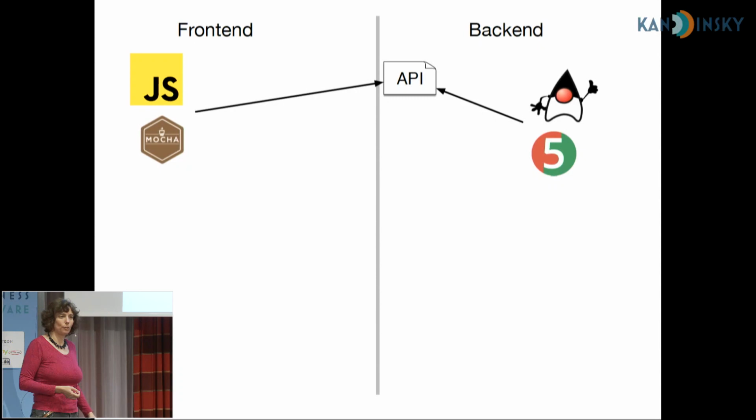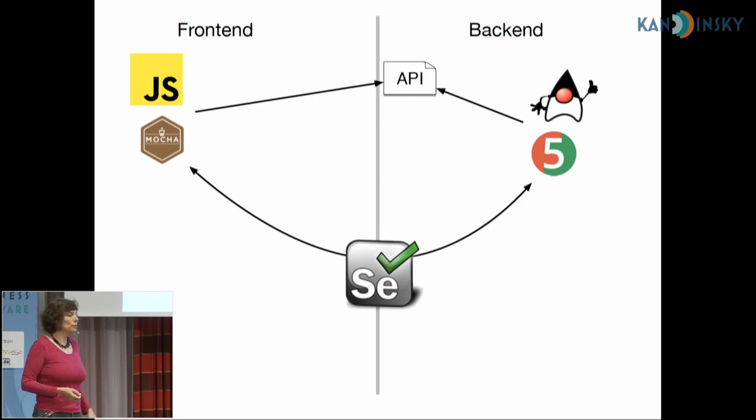After we have established first the backend and then the front end, and have them talk to each other, we can do integration tests, like Selenium, for example. So we can make sure that they actually work together nicely.